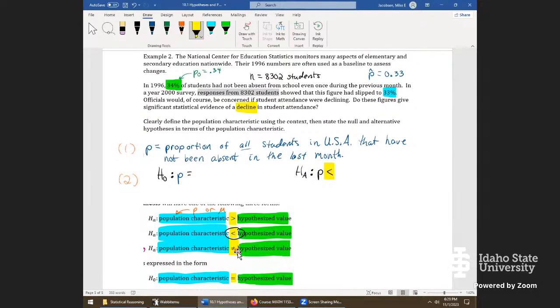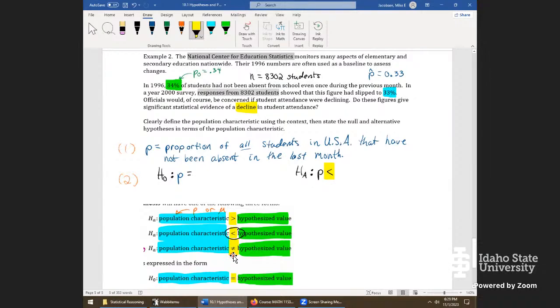One reason for that is if the people in charge of the data from this National Center of Education Statistics think it probably has gone down, they have evidence the statistic is less than 34%, then their test is more powerful if they do the left tail test than if they do the two tail test with the not equals.